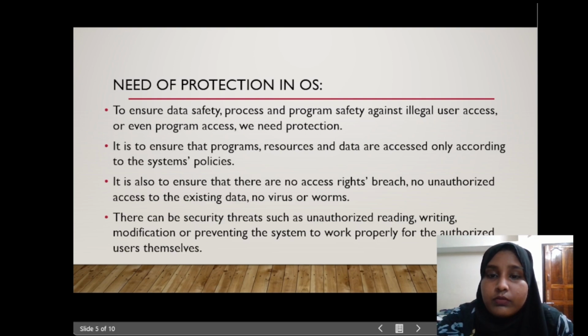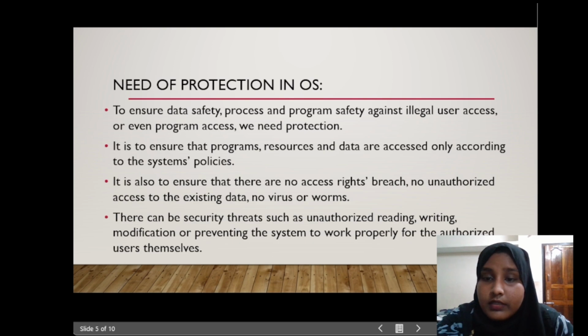In order to keep our resources safe, we have to ensure data safety. The second point is to ensure that programs, resources, and data are accessed only according to the system's policies. As I said, it is used to save our programs and resources from unauthorized people.